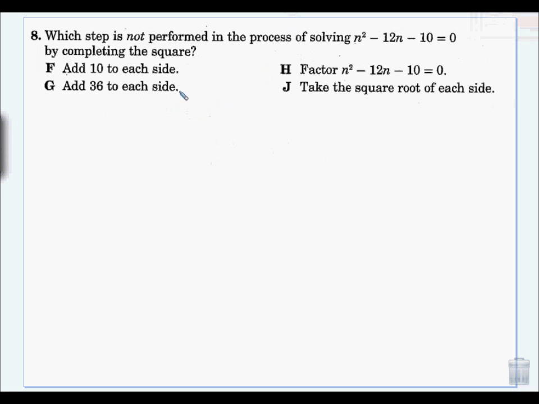Okay, for number 8, which step is not performed in the process of completing the square? Okay, we do add 10 to each side because we have to get that part alone. So here, we'll just complete the square so that we have an example of that too.